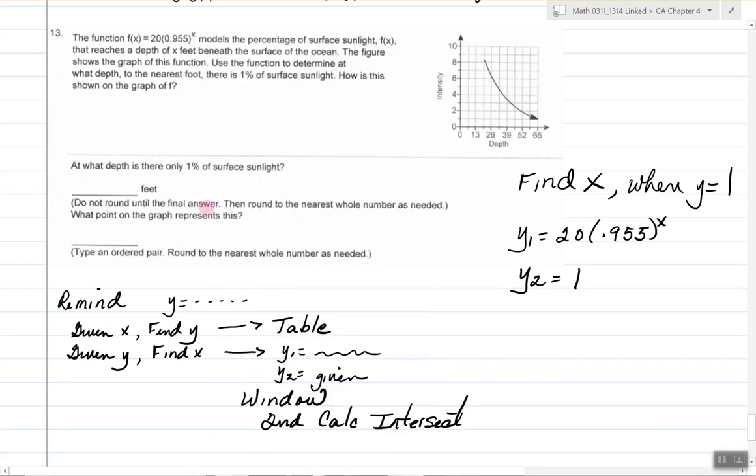Let's see, round to the nearest whole number. So at what depth? 65. And what point on the graph represents this? Well, the x is 65, that's the depth, and the percent is 1.